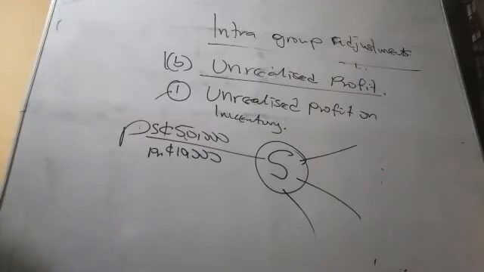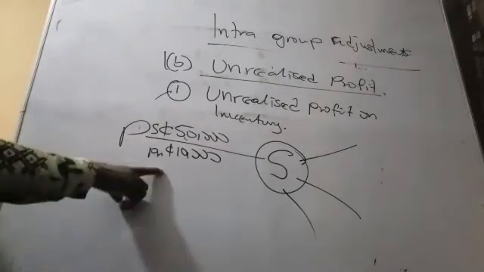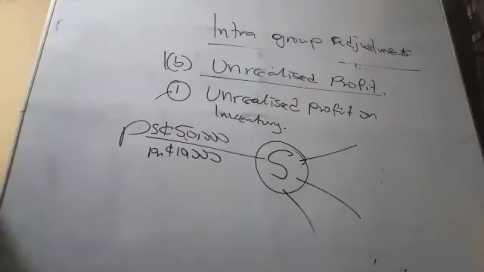You've earned it, but it's still within the group. It's coming from the subsidiary's pocket. So the parent has made that profit from where? The subsidiary's pockets. We're supposed not to be like that. So you have to eliminate it. That's all. So how do you do the elimination?